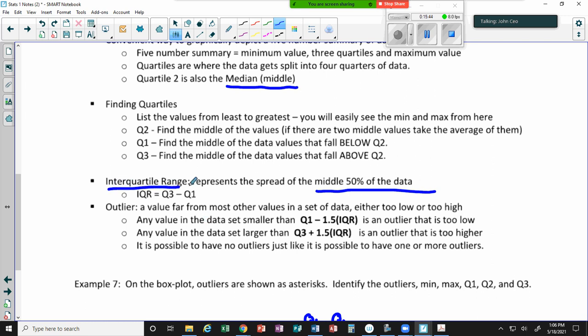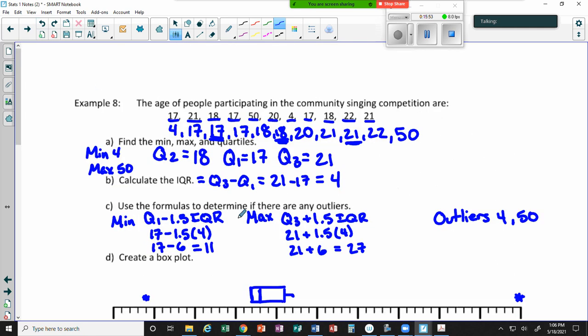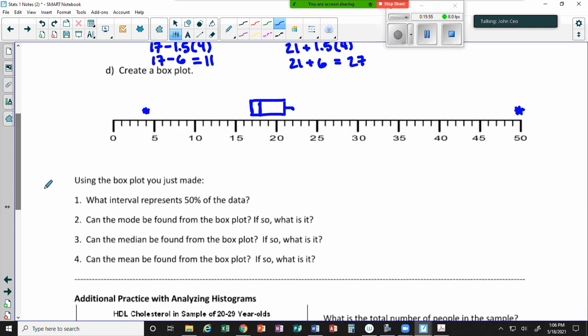That's the what? Interquartile range, from Q1 to Q3. So the interval that represents it is going to be 17 to 21. You can either write it in interval notation, or you can just say 17 to 21.